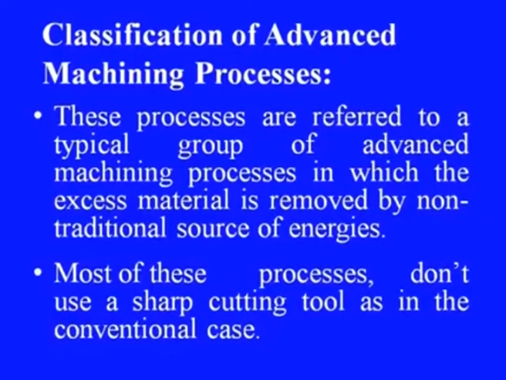Now, let us see how we classify these advanced machining processes. We have already seen the background based on which we have gone for the advanced machining processes. Now, how can these processes be classified?